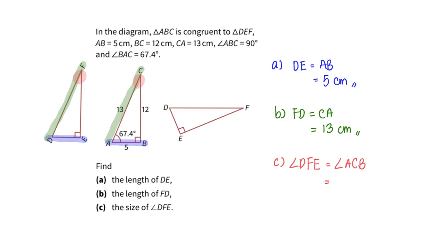And how do I find angle ACB? I just need to have 180 minus 90 degrees minus my 67.4 degrees. And this will give me the final answer of 22.6 degrees. I'm using the angle sum of a triangle property.